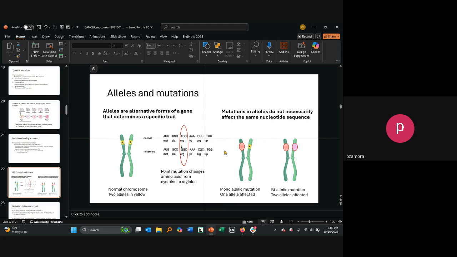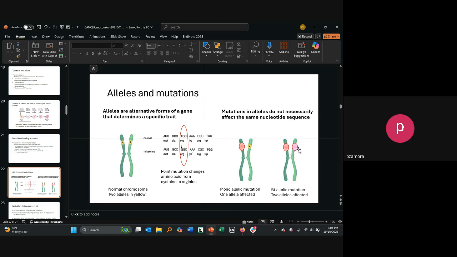Importantly, because there are two alleles, you can have damage to one or both. You can have a monoallelic mutation, which just affects one allele, or you can have a biallelic mutation, which affects the same gene.